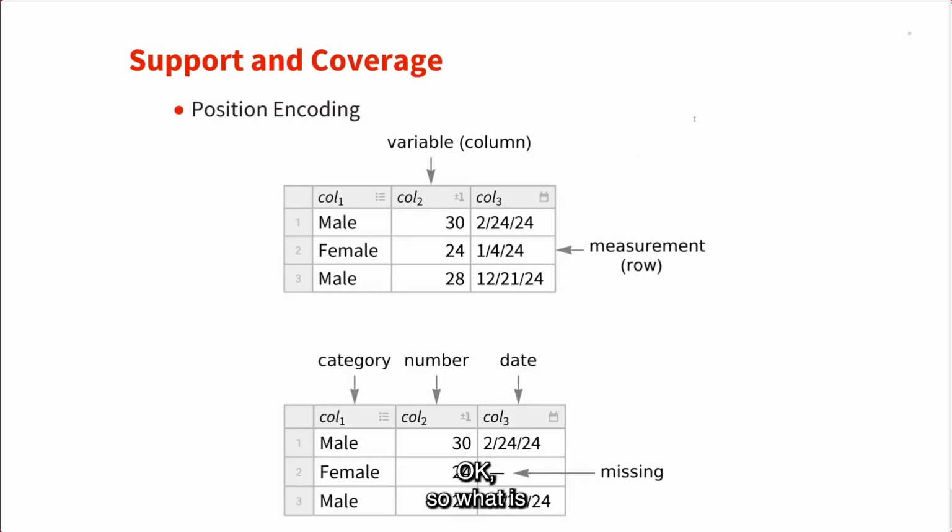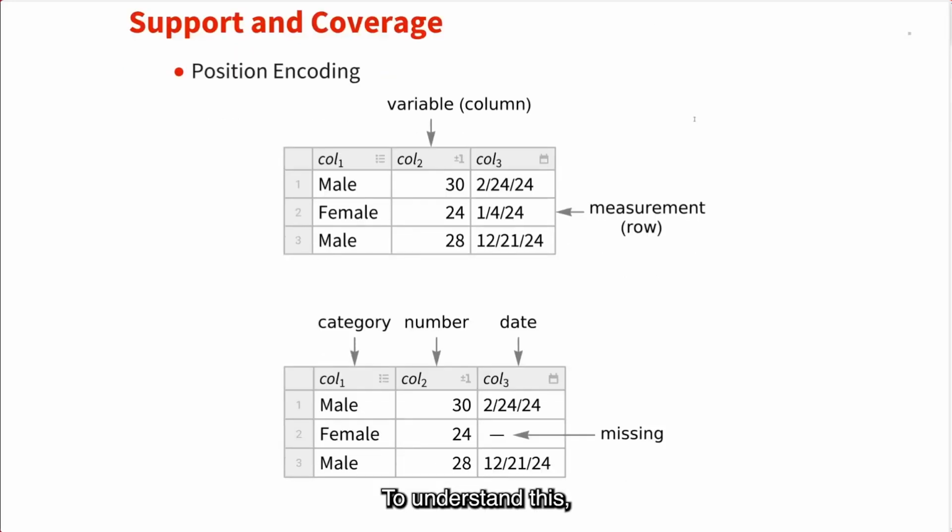Okay, so what is the tabular visualization syntax? To understand this, let's look at the structure of tabular. We have columns that we can think of as variables and rows that we can think of as measurements. There can be different types of columns like categorical, numeric, date, quantity, expression, and so forth.